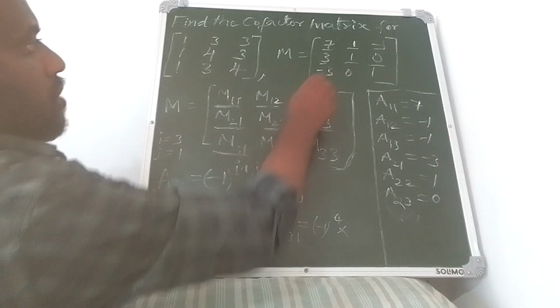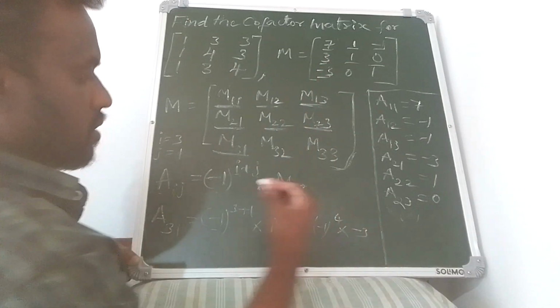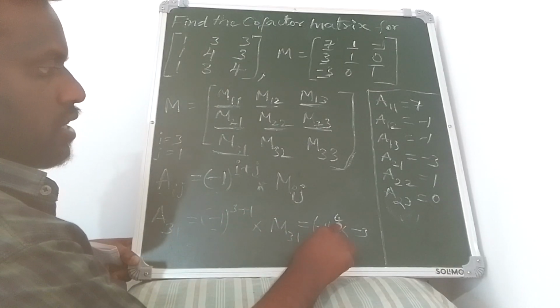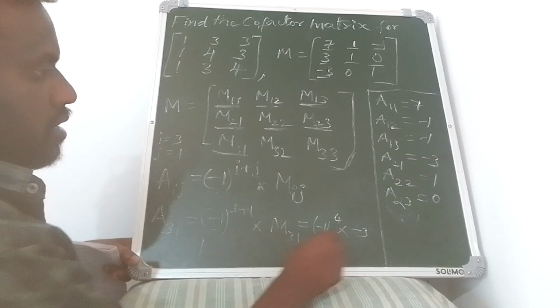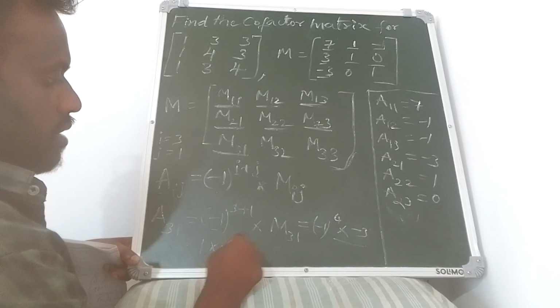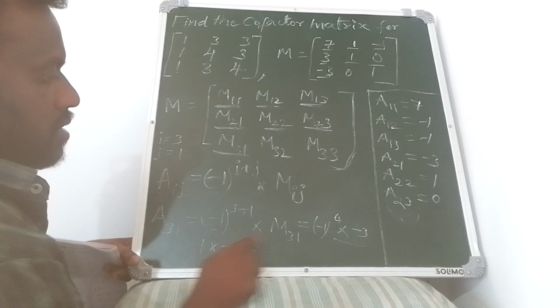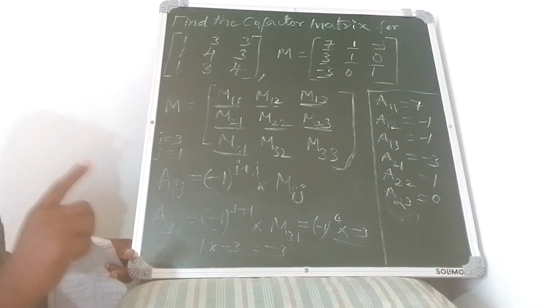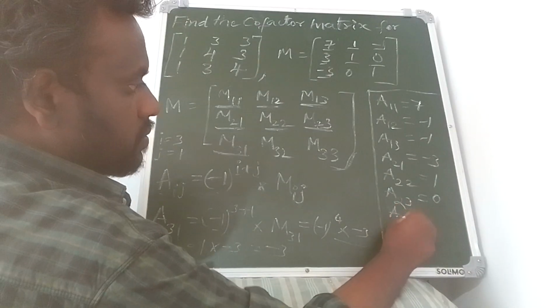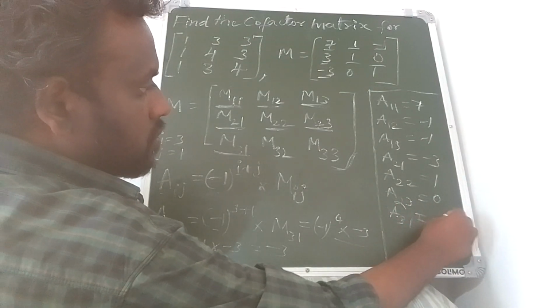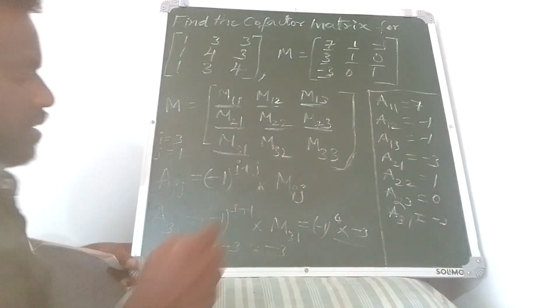In place of m31 we have minus 3. Now 4 is an even number, minus 1 to the power of an even number is plus 1, into minus 3. So 1 into minus 3 is equal to minus 3. So we got a31 is equal to minus 3. I will write here, minus 3.